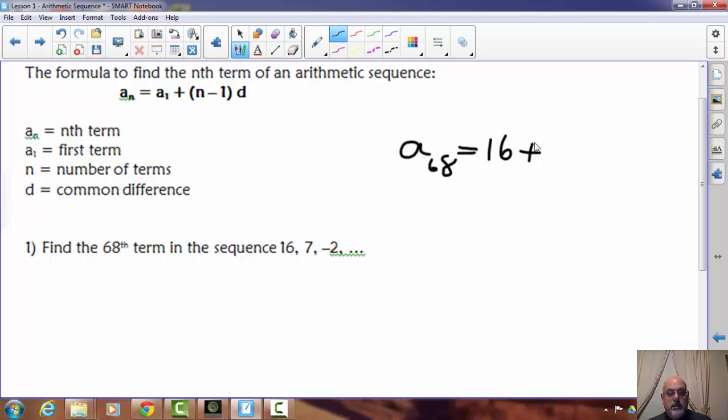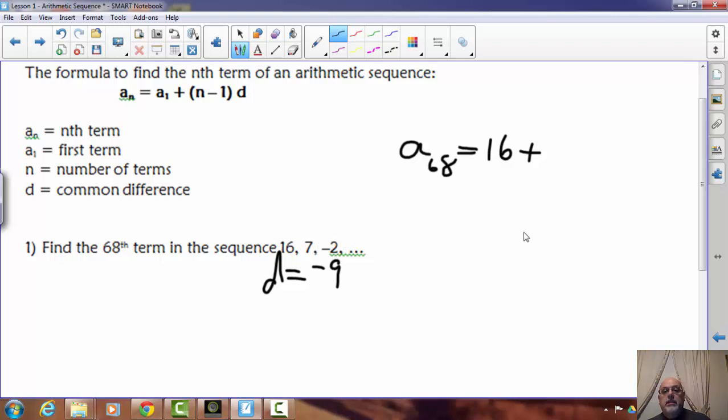We need D for our formula, so let's see what our common difference is. D is -9. 16 minus 9 is 7. 7 minus 9 is -2.